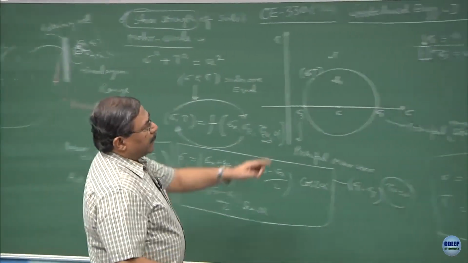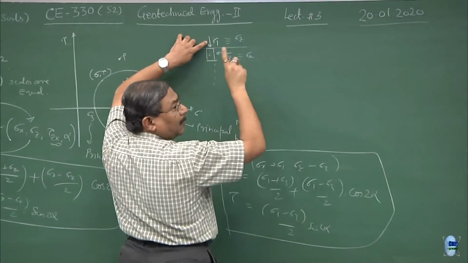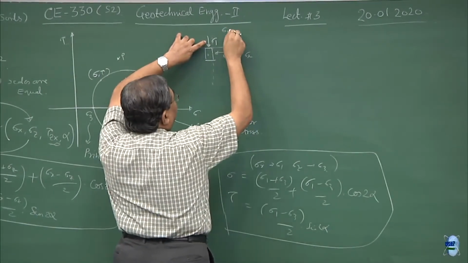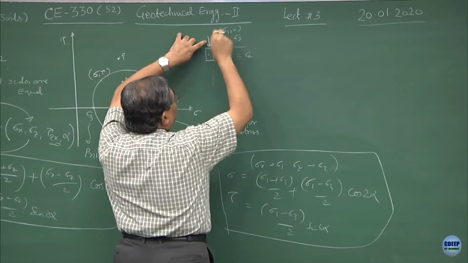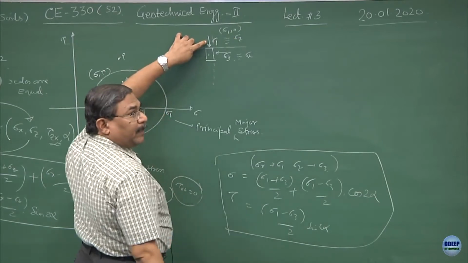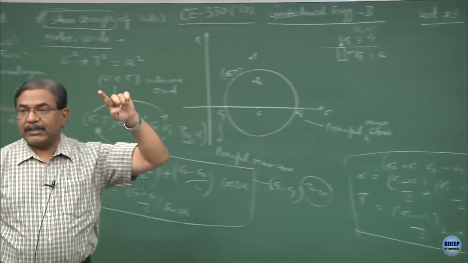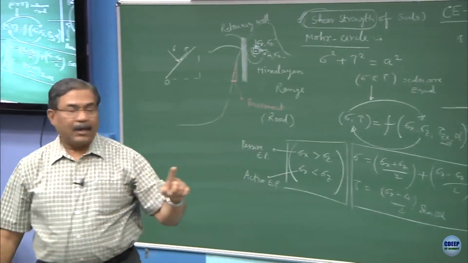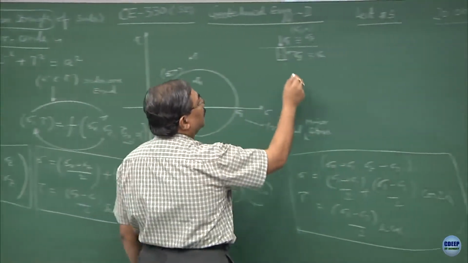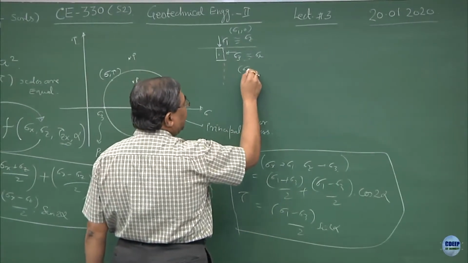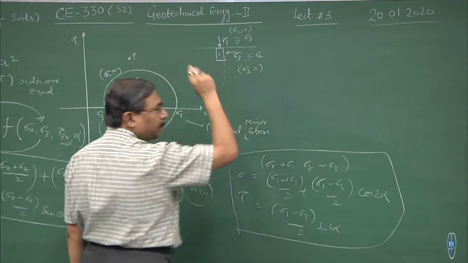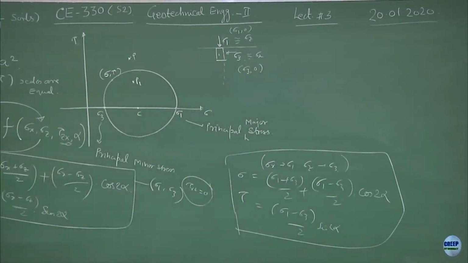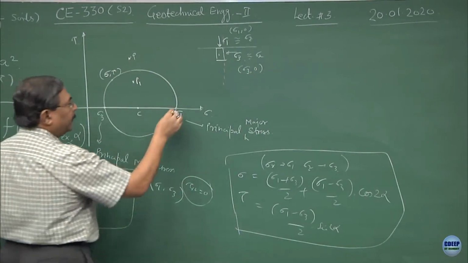The state of stress at this point is sigma comma tau, that means sigma 1 comma 0. By virtue of being a principal stress, shear stress is 0, clear. At this point, the state of stress is sigma 3 comma 0. Where are these points located on the Mohr circle? I have shown them as this point and this point.